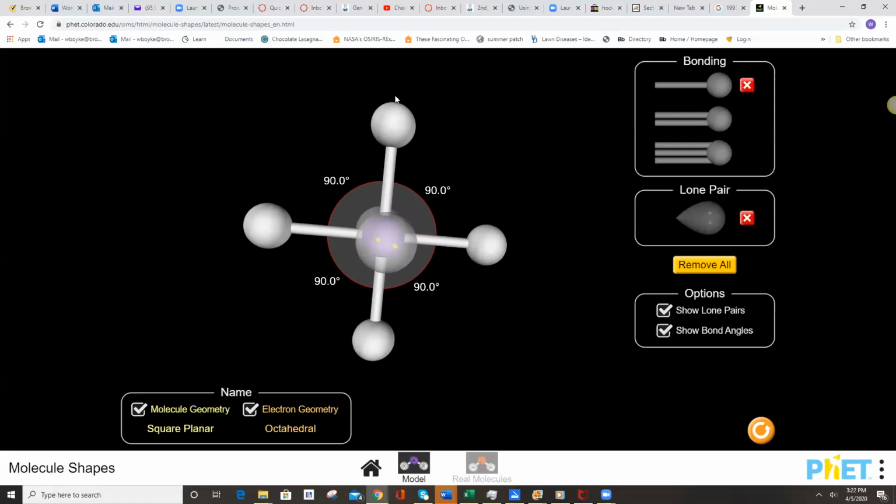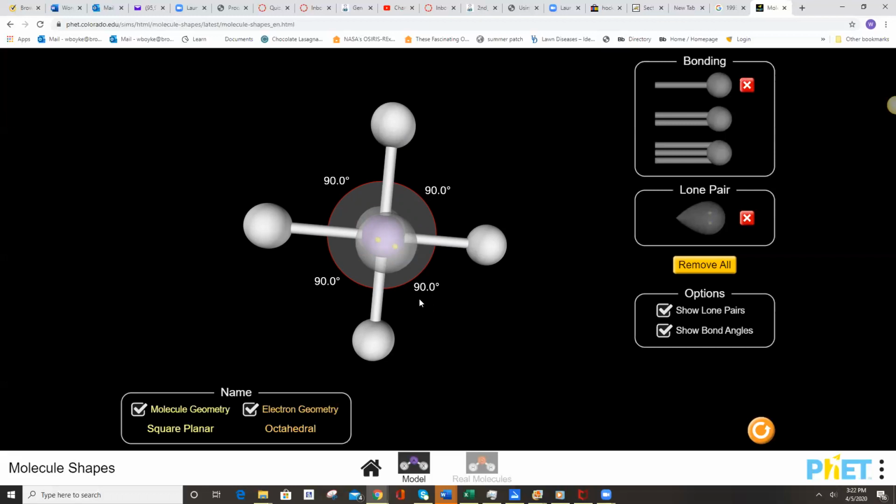There's a fluorine on the top, gets canceled out by the fluorine on the bottom. They're 180 degrees apart, equally apart. Those are going to cancel out. The left and the right are going to cancel out in that direction as well. So everything is going to completely cancel out. This one's going to be non-polar.